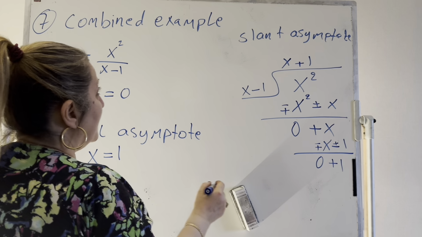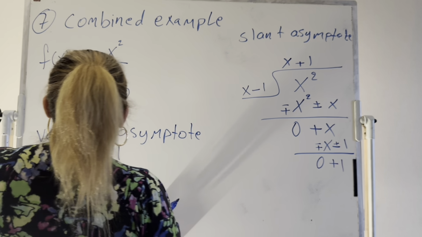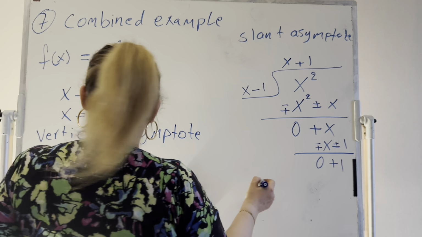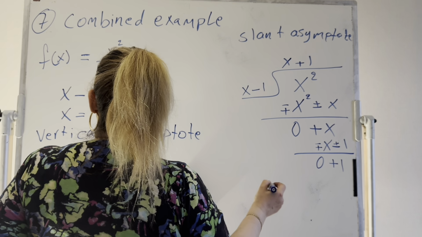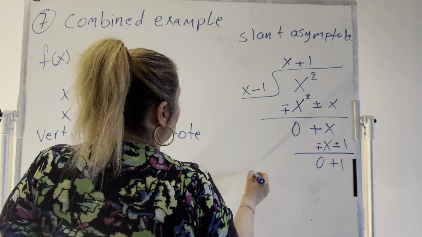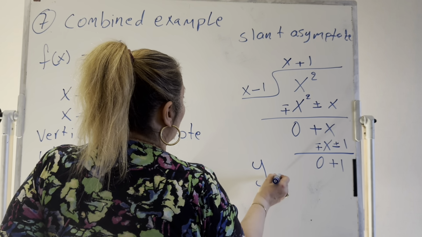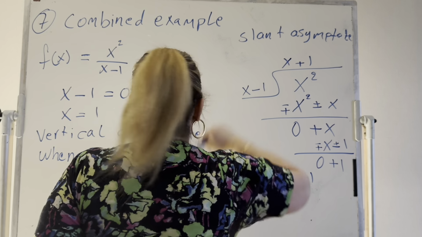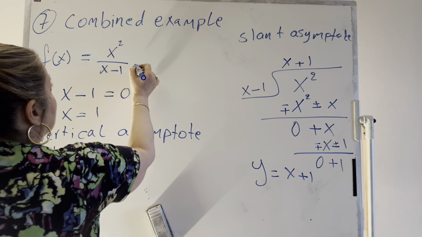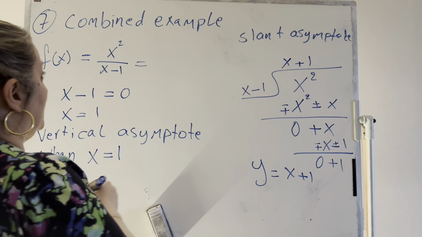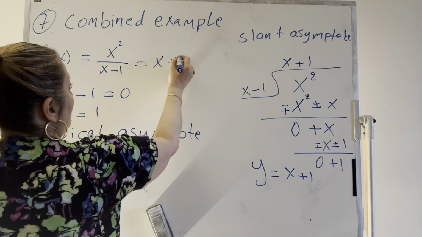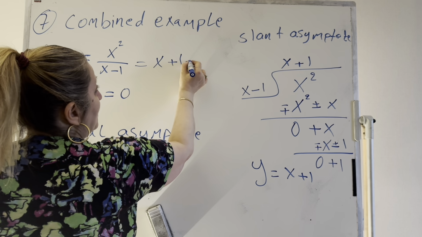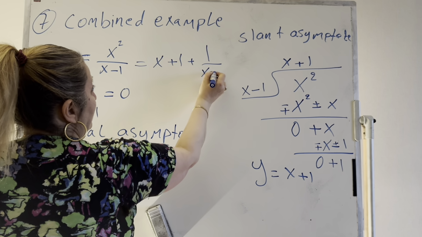And the slant asymptote: the function has slant asymptote when y equals x plus 1, and I can write the result of the division like that: x plus 1 plus 1 divided by x minus 1.